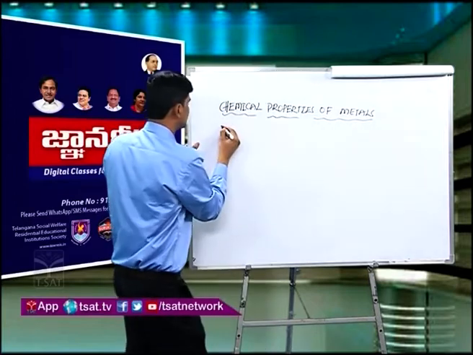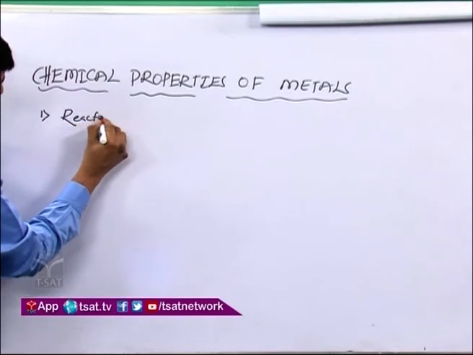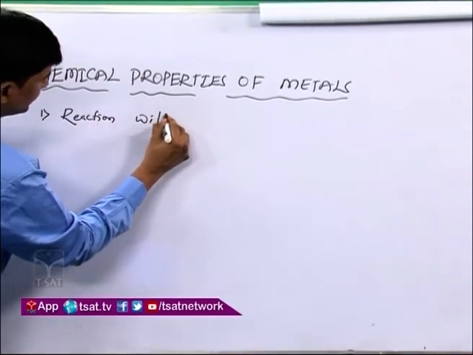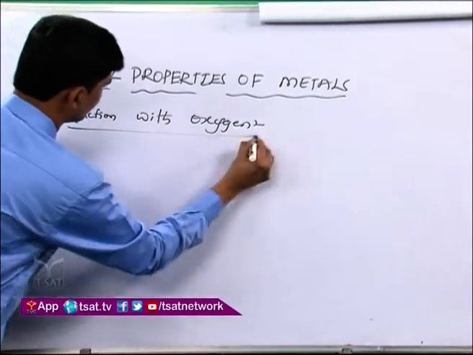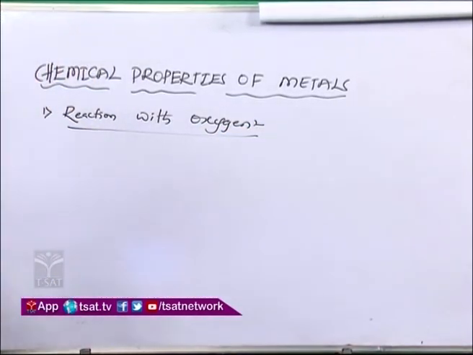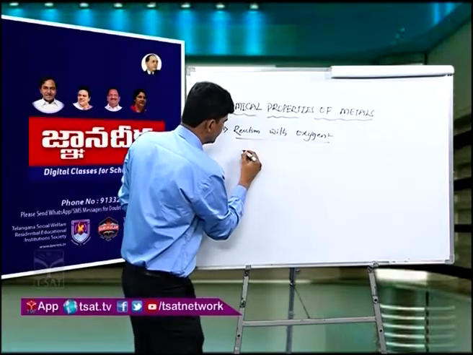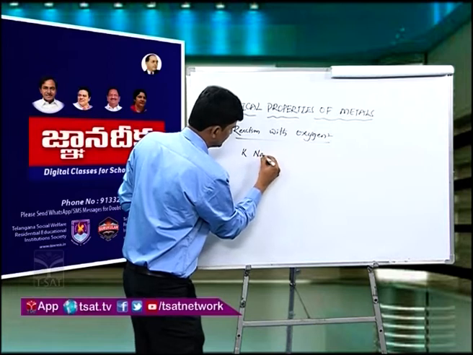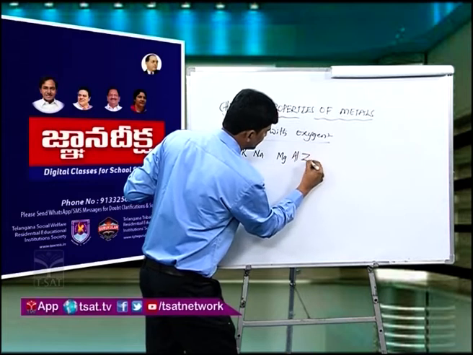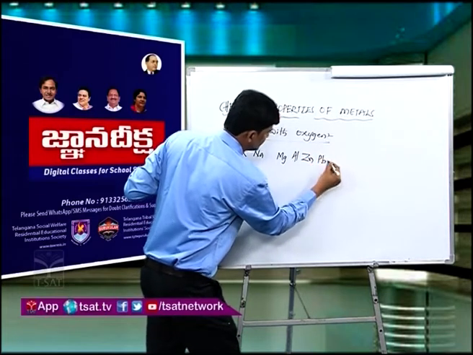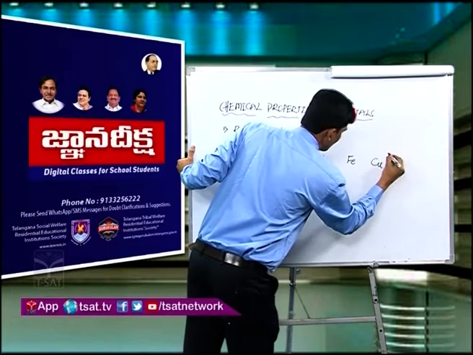Okay children, first let us discuss the reaction of metals with oxygen. There are various metals: potassium, sodium, magnesium, aluminium, zinc, lead, iron and copper.